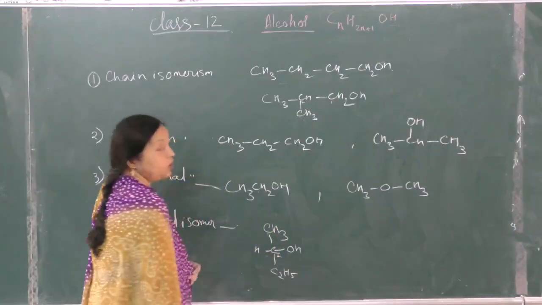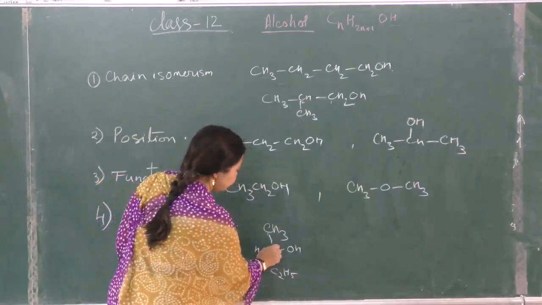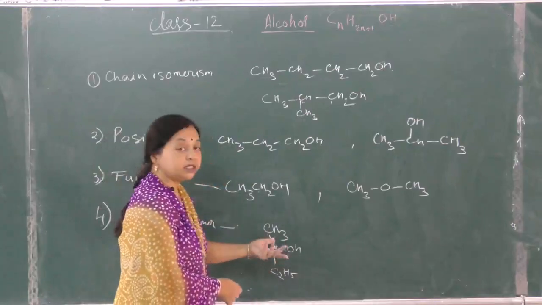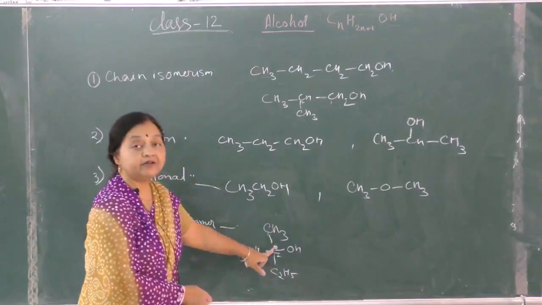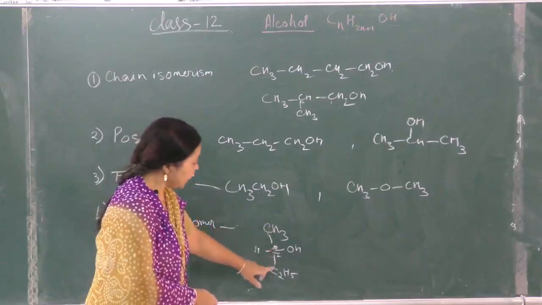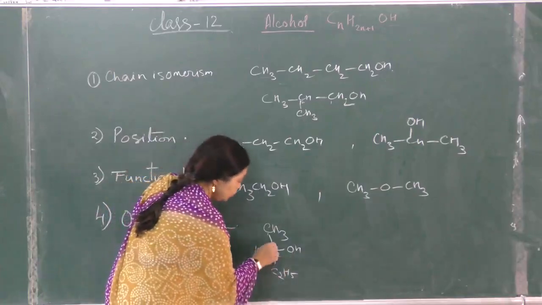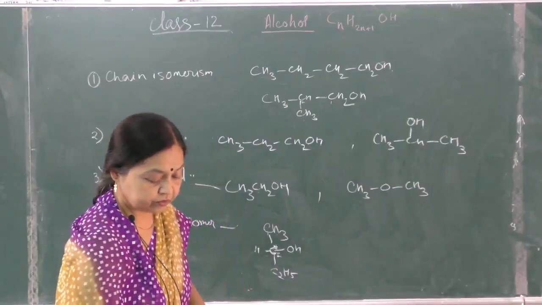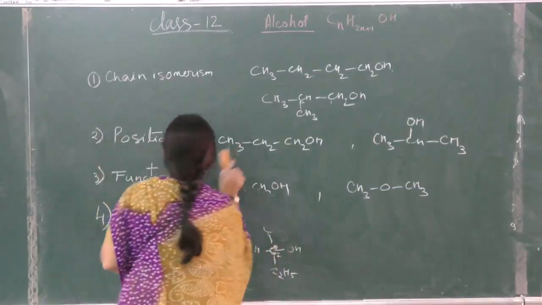So butan-2-ol will show optical isomerism. This is the asymmetric carbon atom. Similarly, even pentan-2-ol will show it, because all four groups attached to this carbon are different: methyl, ethyl, hydrogen, hydroxyl. So it will show optical isomerism.